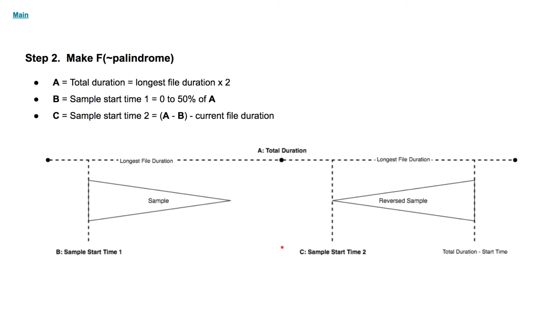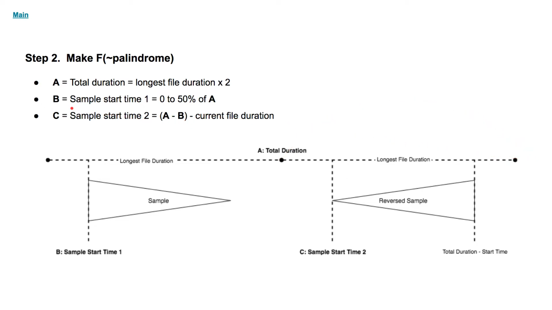I guess there are many ways to calculate that, but here's how I did it. First, I defined the total duration as the longest file duration times 2. So SuperCollider will detect the duration of the longest file, and I'm going to multiply that by 2.